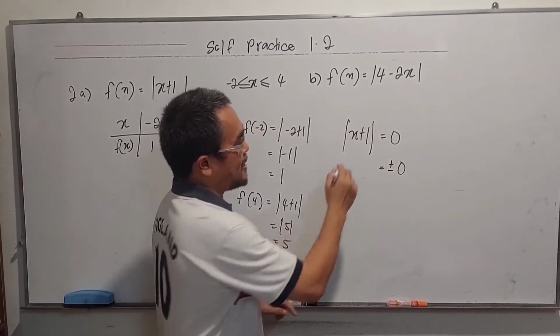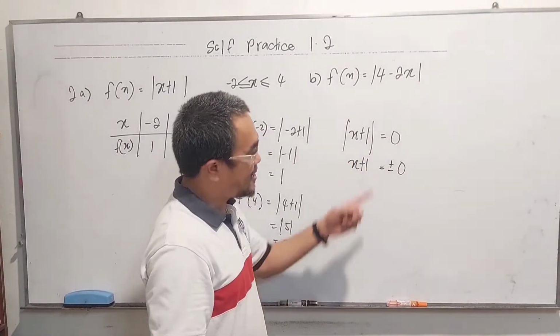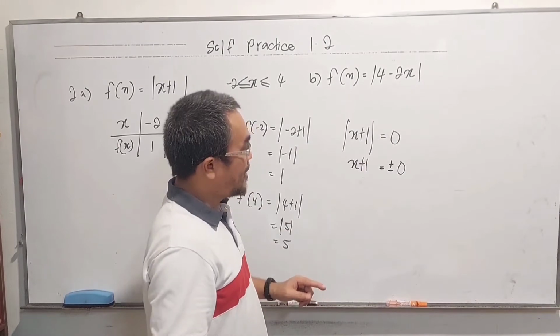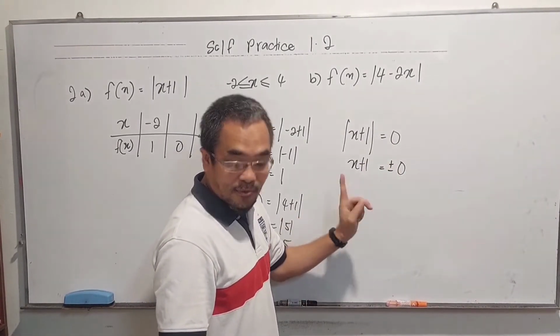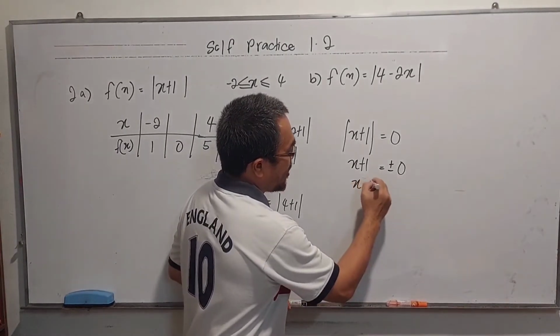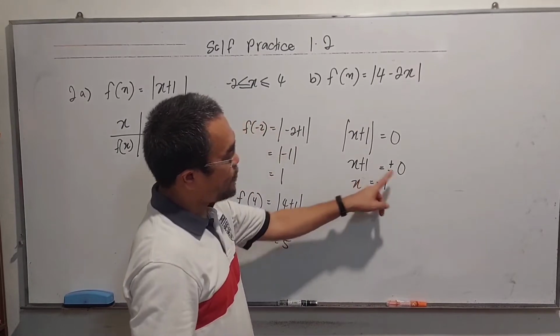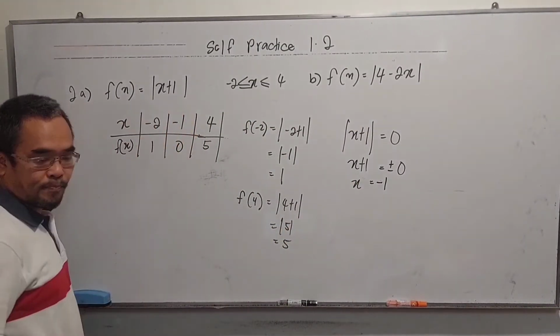But unfortunately, because plus minus 0 doesn't exist, it is still 0. If this value is 4, plus 4 and -4 are two different things. So you have x + 1 = 0, you move 1, so x is -1.